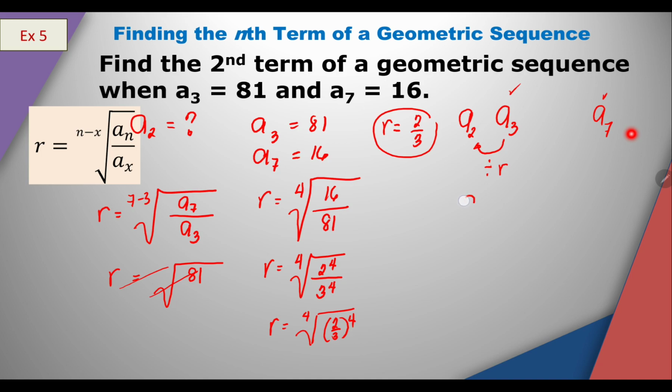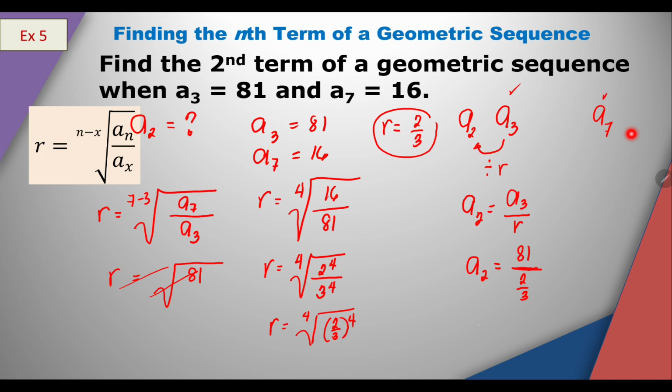Thus, I will use a sub 2 is equivalent to a sub 3 divided by r. So what is a sub 2? A sub 2 is equivalent to a sub 3, which is 81, divided by the common ratio, which I have gotten to be 2/3.